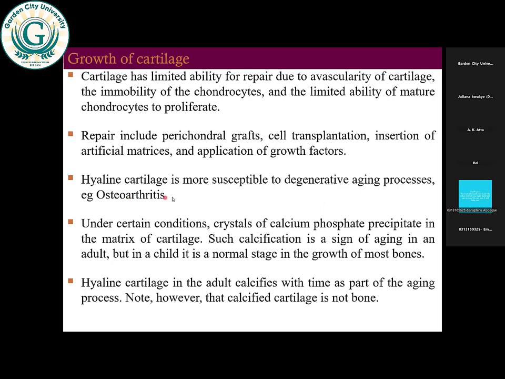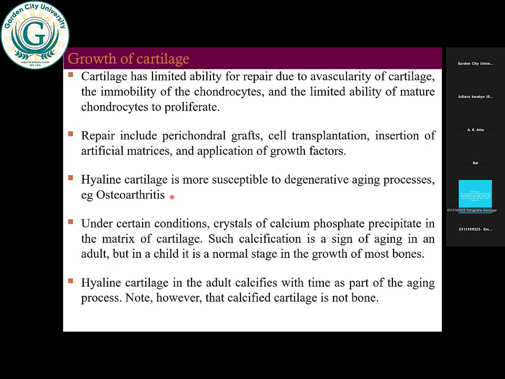So we look at that one once again when we look at the joints. Hyaline cartilage and fibrocartilage, they can calcify. Let me repeat. Hyaline cartilage and fibrocartilage, they can calcify.